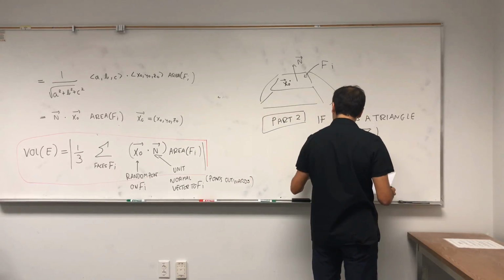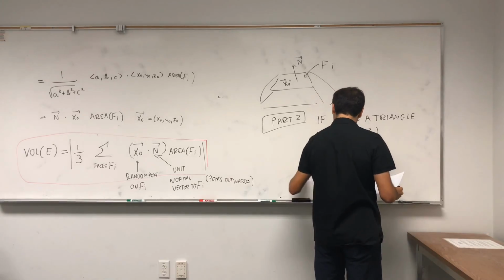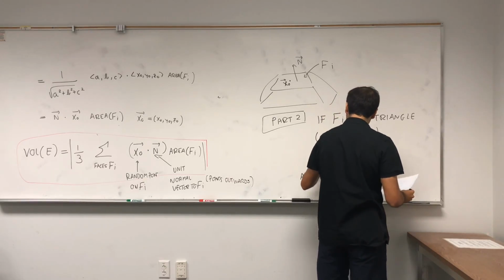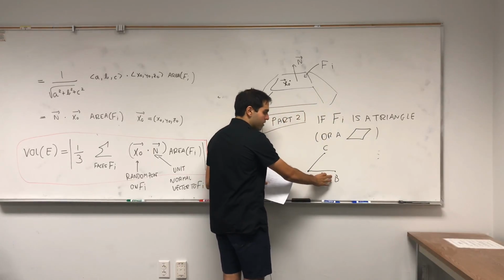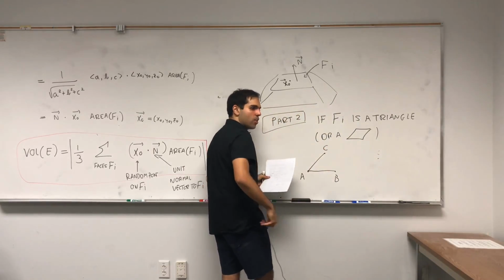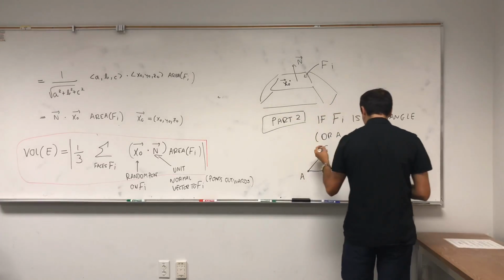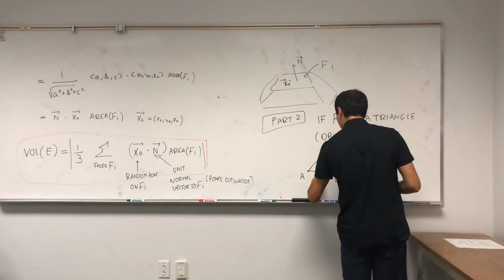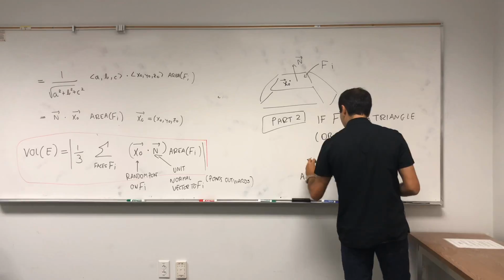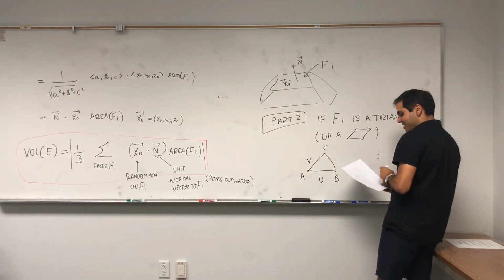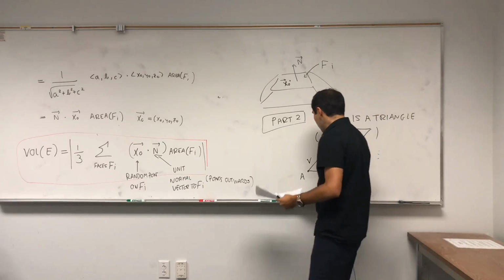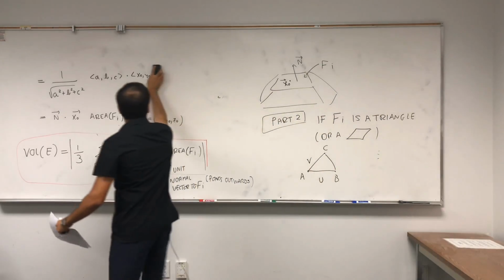Suppose you have a triangle with 3 vertices, let's say A, B, C. Then, it turns out that the triangle can be described with 2 vectors, u and v. So u is just the vector AB, and v is the vector AC. And there are a couple of nice things about it.